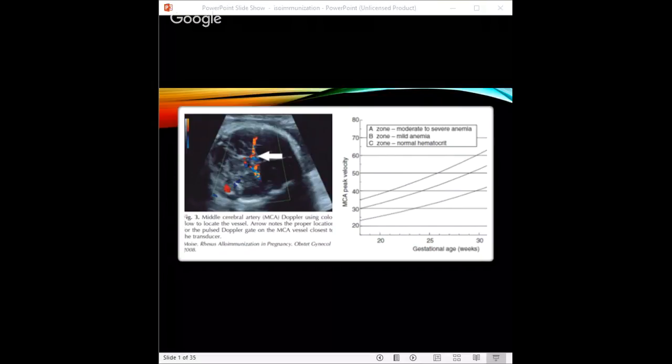However, as Dr. Best stated, in Barbados only the 1,500 international units dose is available, so that is what would automatically be given. Well said. So yes, we do give a standard 1,500 international units, and it's given within 72 hours of delivery.